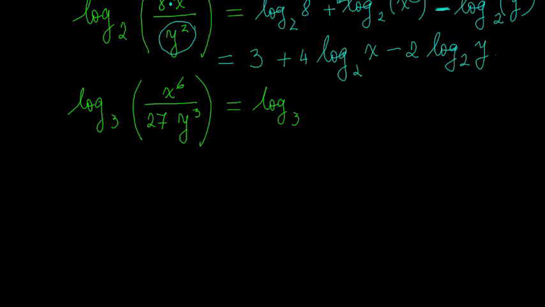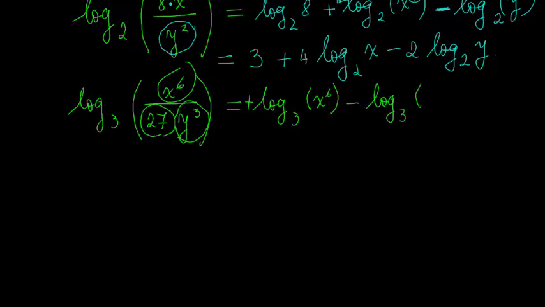So first I get log base 3 of x to the 6th. This is from the numerator, so we get a plus. Then the terms that come from the denominator, namely the 27 and the y cubed, they will receive a minus, namely minus log base 3 of 27, and then also minus log base 3 of y cubed. So now let's simplify this.